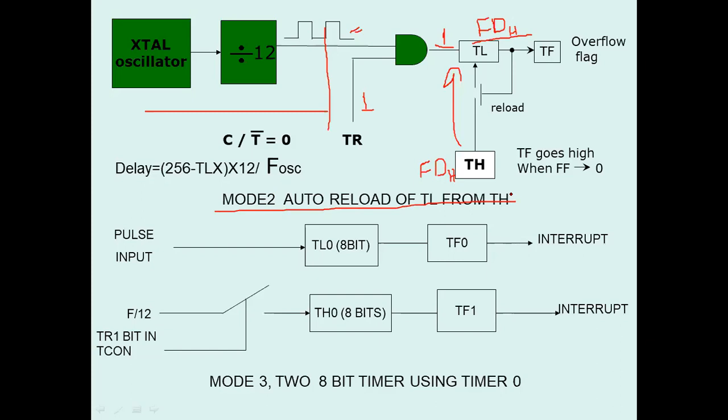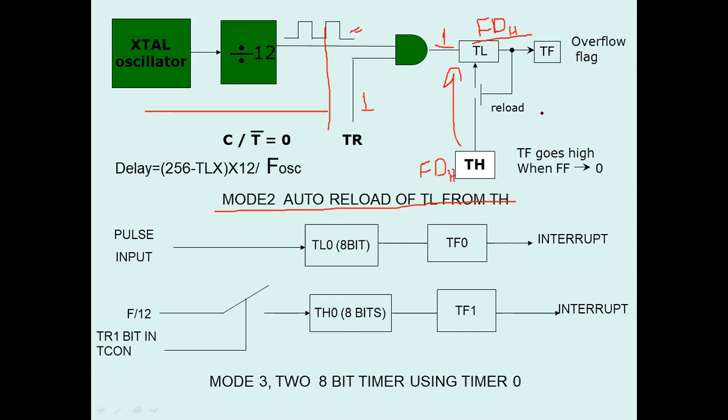Sir, tell me, that means whenever the TL value is 00, will another value automatically go from TH to TL? No, see, TH0 is loaded by some preset value. It may be FD, it may be AB, it may be 00, it may be FF, whatever, as per your requirement.